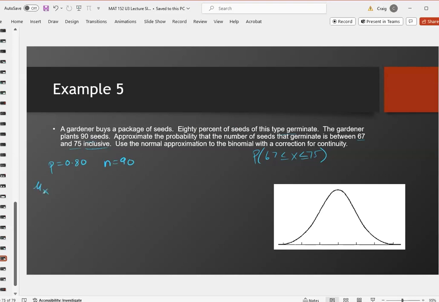The mean, the expected value, the number you would expect to germinate, is 72. The standard deviation, 90 times 0.8 times 0.2, and then we take the square root, is 3.79.